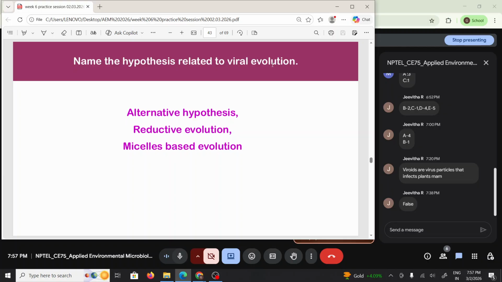So the three hypotheses related to viral evolution are the alternative hypothesis, reductive hypothesis, and micelle-based evolution hypothesis.